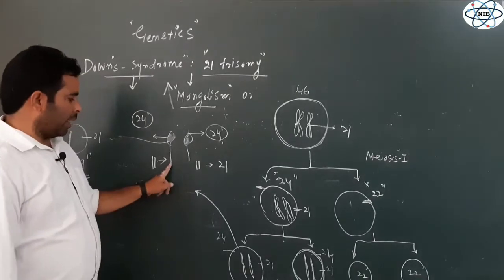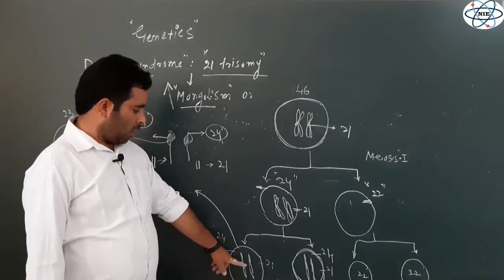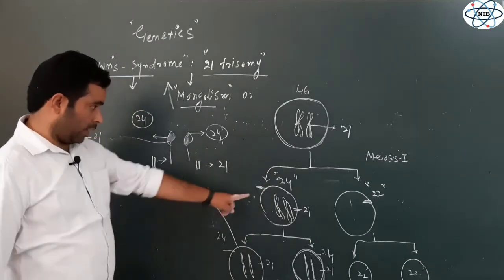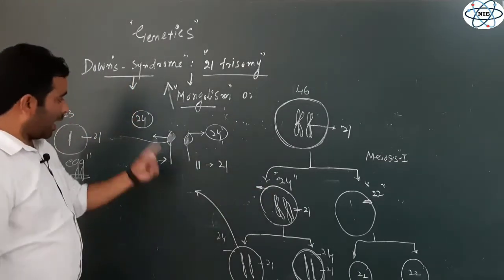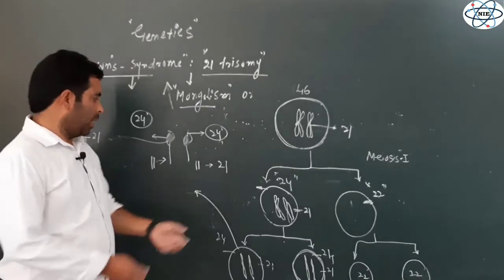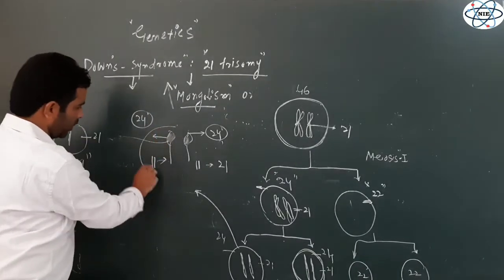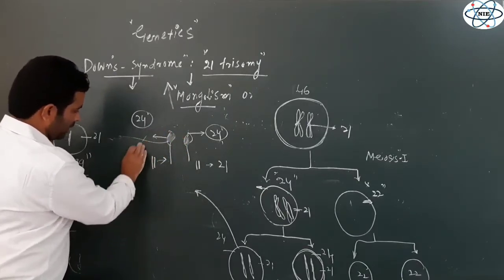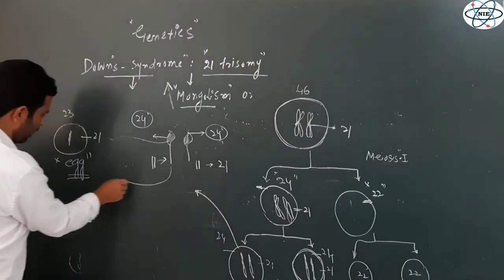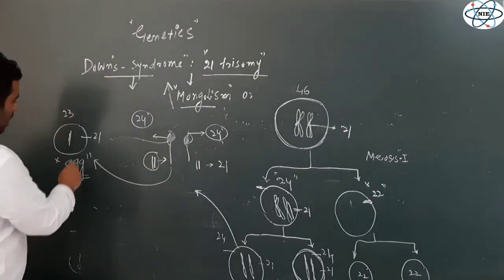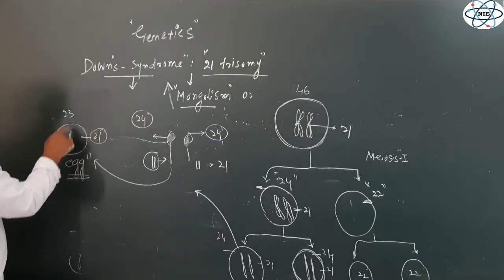These sperms developed from cells where the non-disjunction took place in meiosis first, in chromosome number 21. As a result, these two sperms contain two copies of 21. Now this sperm is used in fertilization, and it fertilizes a normal egg. Here we have two copies of 21 in the sperm, and one copy of 21 in the egg.